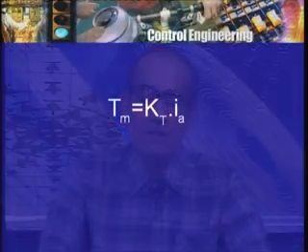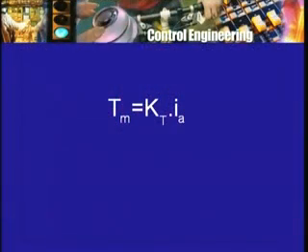But we have assumed that the field winding current is kept constant, and therefore the motor torque produced Tm will be proportional only to the armature current, and therefore we will write the equation Tm is equal to Kt, to remind us of torque, multiplied by armature current Ia.